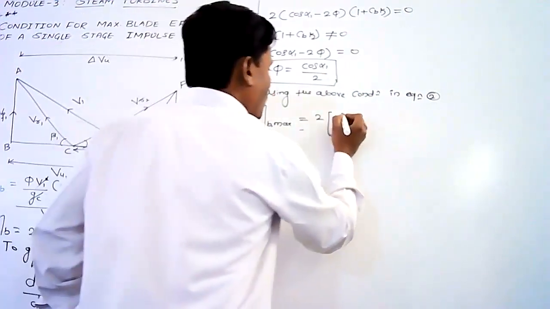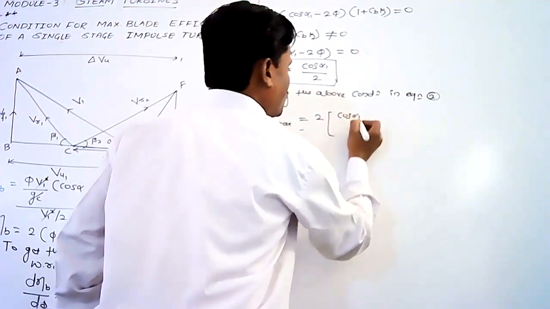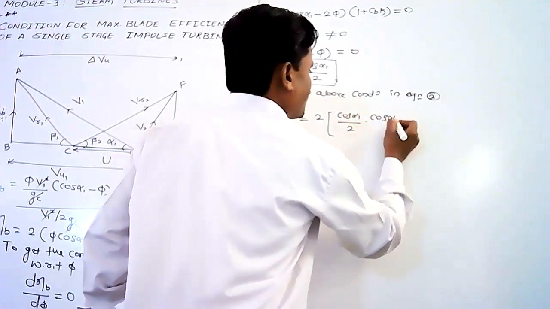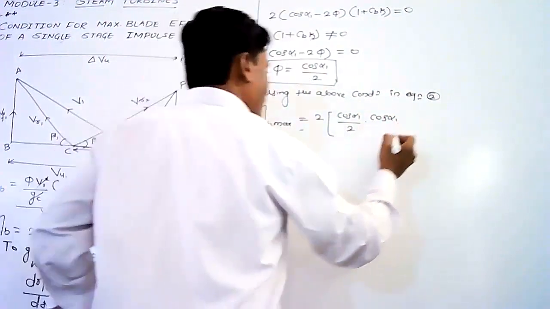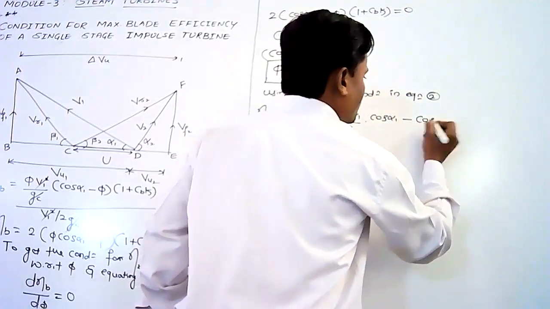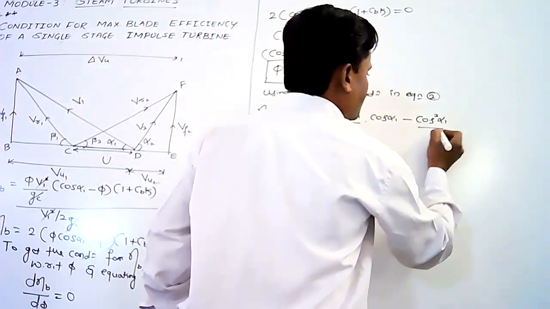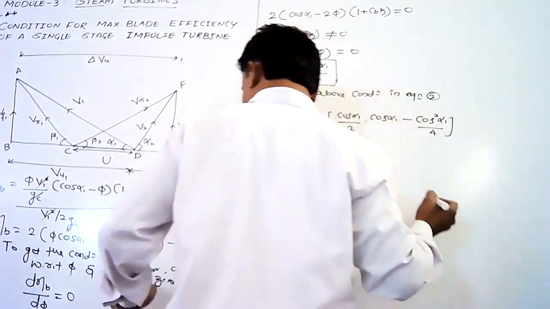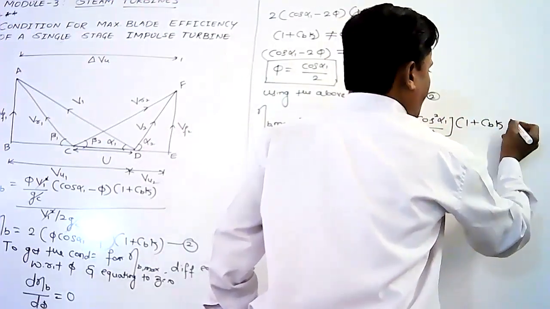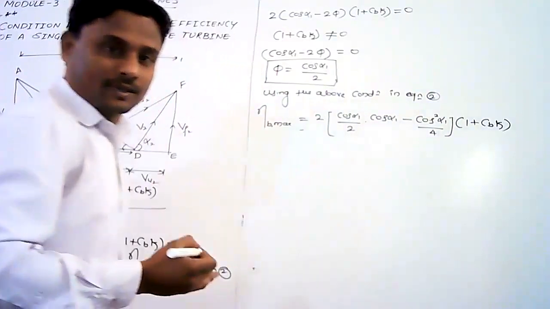So phi is cos alpha 1 by 2, into cos alpha 1, minus phi square, which is cos square alpha 1 by 4, into 1 plus Cb into K as it is.